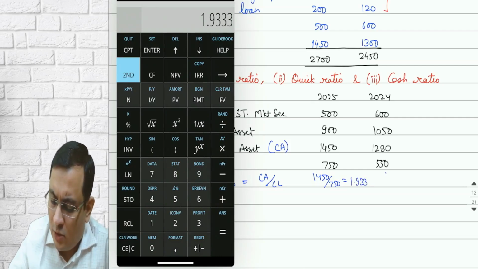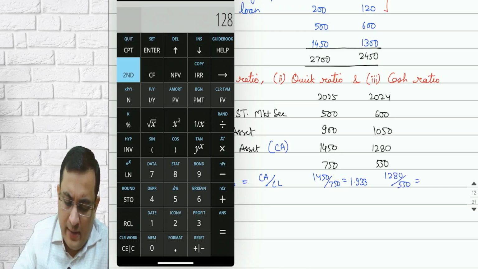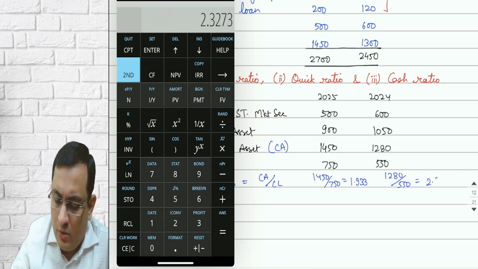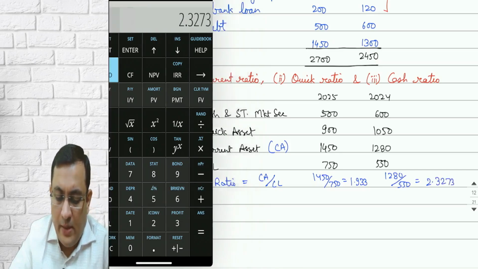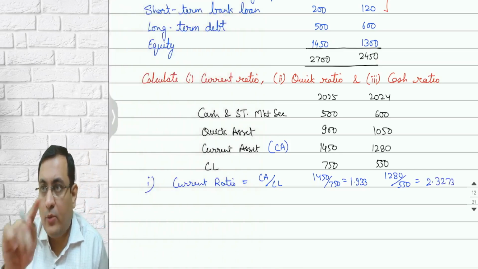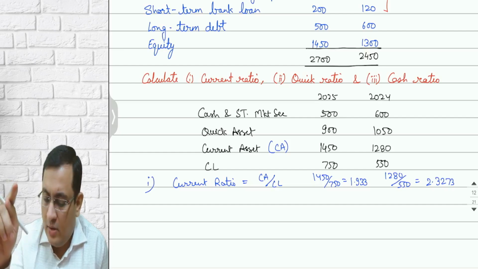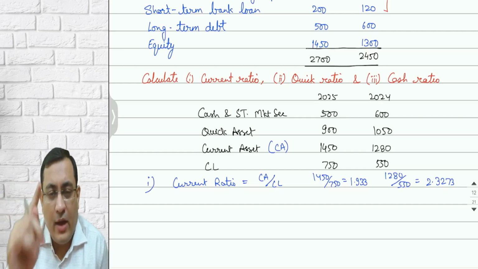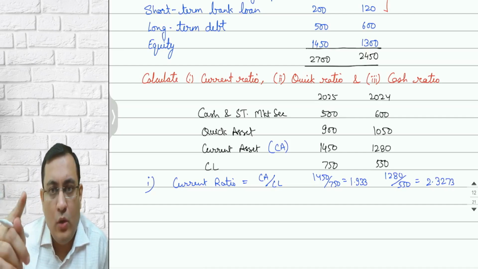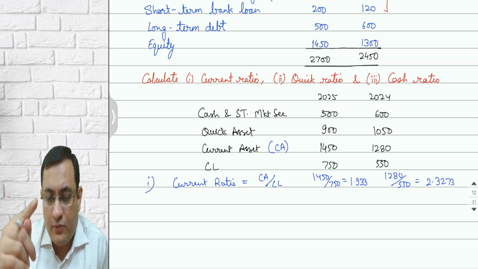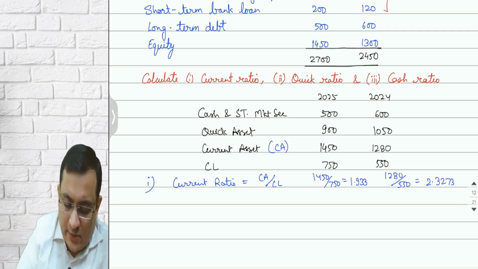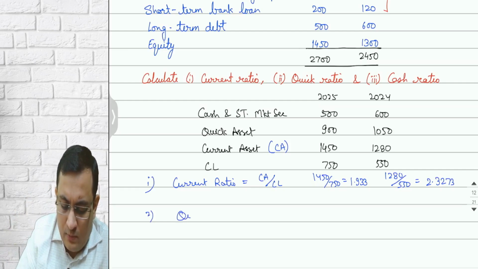Next one is 1280 divided by 550, we have 2.3273. It means year on year from 2024 to 2025, the liquidity position is reducing. Earlier, for every 1 rupee of obligation, we were holding 2.32 rupees of current assets, whereas now we are holding only 1.933.